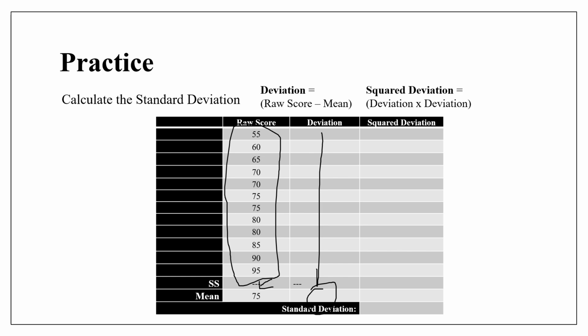And then once you find the deviations, you're going to find the square deviations. You're going to fill this up to here. And then you're going to get the mean right here. And then this that you see here, this SS, it just says sums of squares.